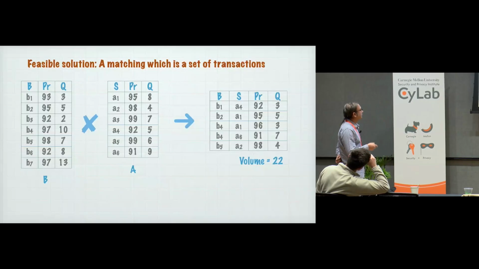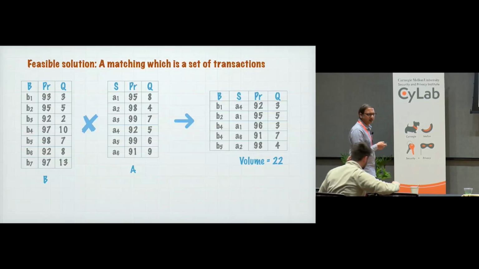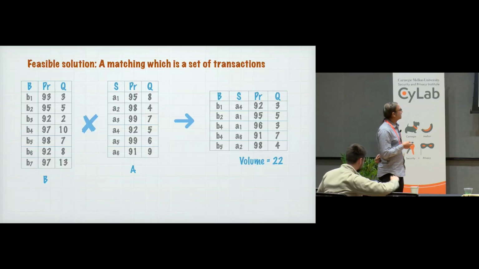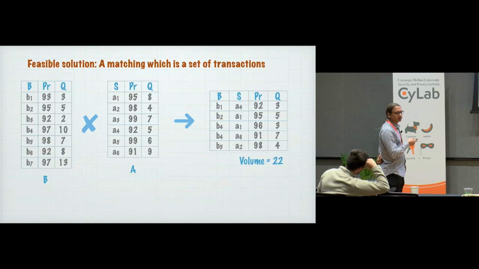And similarly, so this is a feasible solution, and all the natural constraints should be satisfied. That is, this $92 should satisfy buyer one's limit price and seller four's limit price. Okay, and for example, let's look at a transaction between buyer 4 and ask 6 for 7 units.